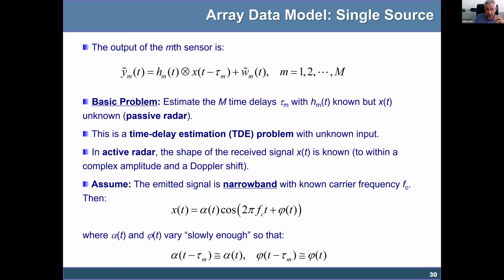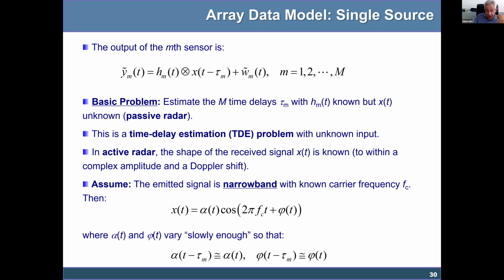So the received signal is only partially known. For example, it can have a complex amplitude, so amplitude and phase, different from the transmitted, obviously, because during the propagation, during the interaction with the target, the signal is attenuated and phase shifted.